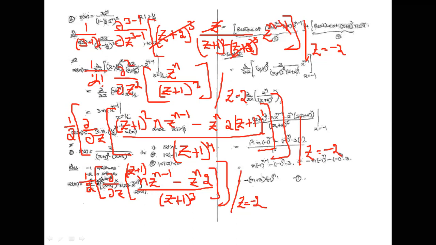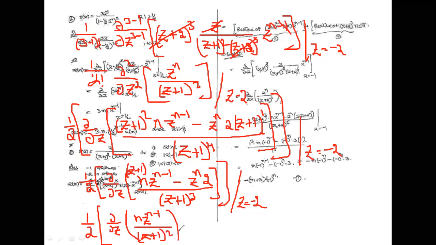So again, you can apply for this function. 1 by 2 into, I said 2 parts, dou by dou z of this function: n into z power n minus 1 whole divided by z plus 1 whole square, the first part.